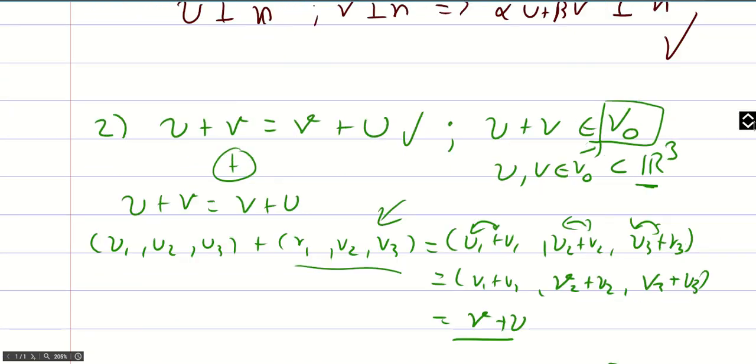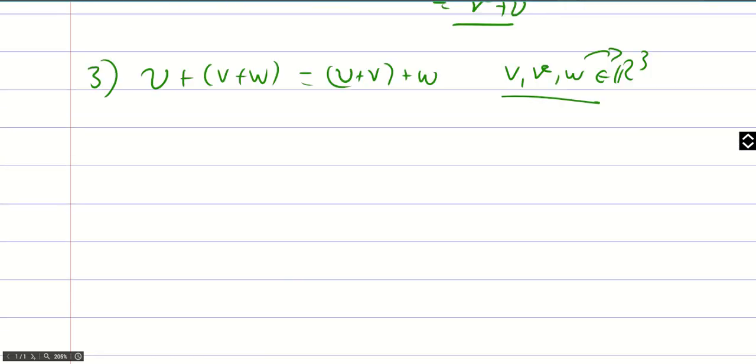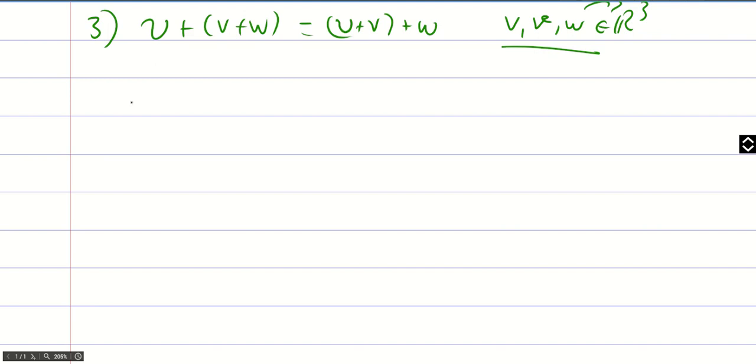The only thing that we should prove is that they are closed under the summation, and we have proved that. So if you want to, it is not necessary to check them all. They hold because they are vectors in R3.